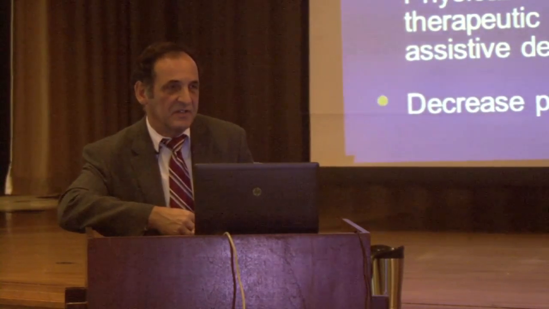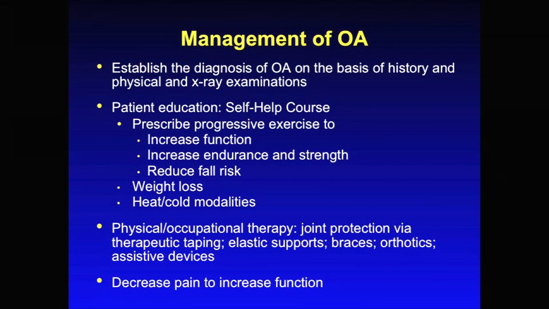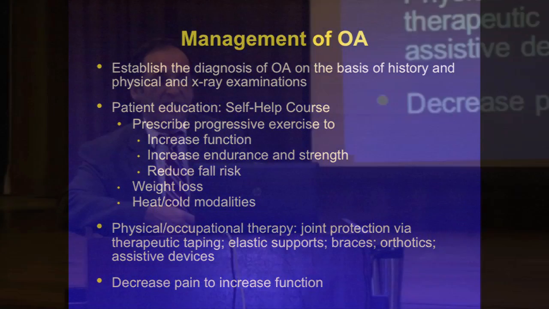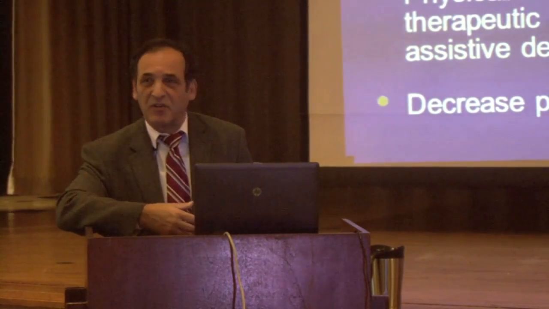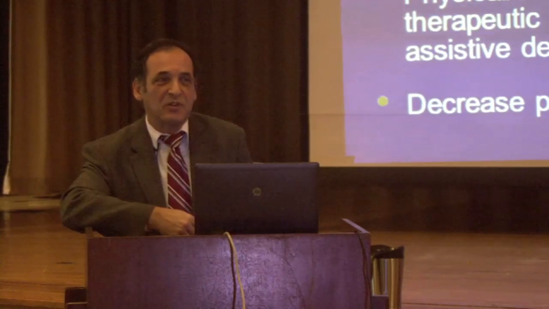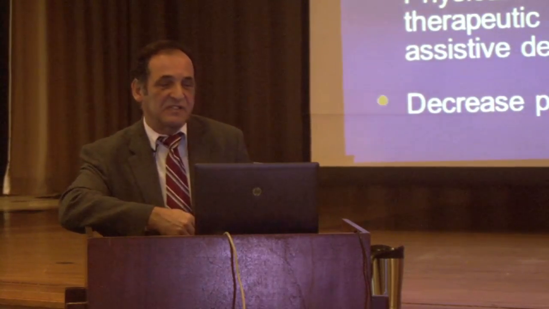So between patient telling us what they're complaining of, our examining the patient, or doing x-rays, we can usually establish the diagnosis. Once we establish the diagnosis, we try to teach our patients about the diagnosis, and that's one of the places where the Arthritis Foundation itself can provide wonderful opportunities for our patients. Because they have fantastic resources when it comes to patient education and patient self-help programs, including exercise programs, and I'm sure we will talk more about it as the morning progresses.